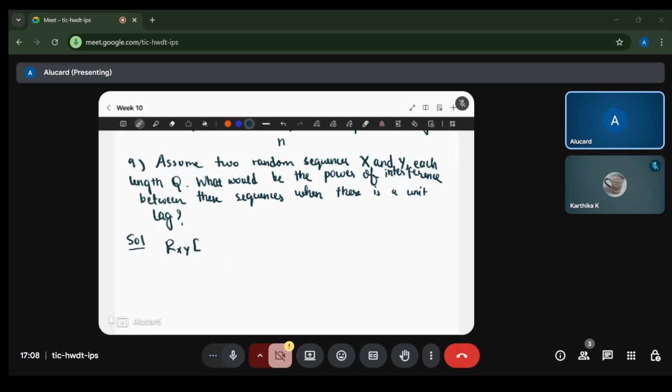Rxy is 1 over q times the summation, l goes from 0 to q minus 1, x of l y of l minus 1.